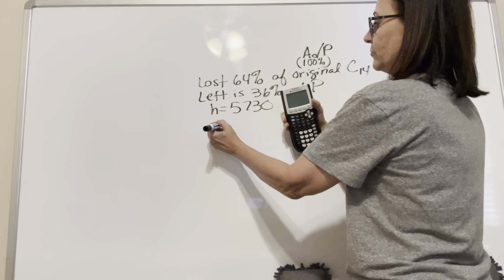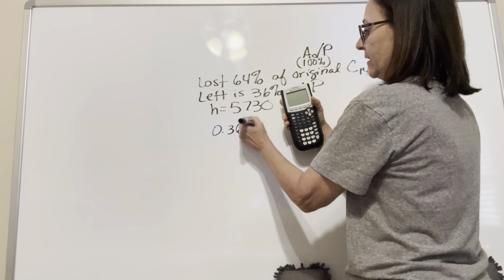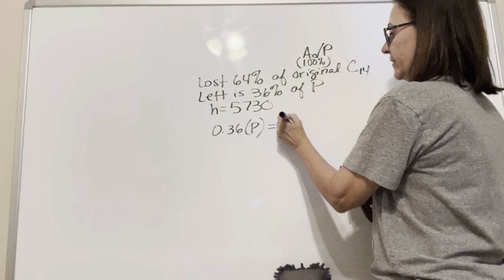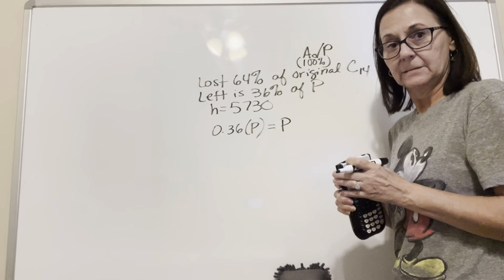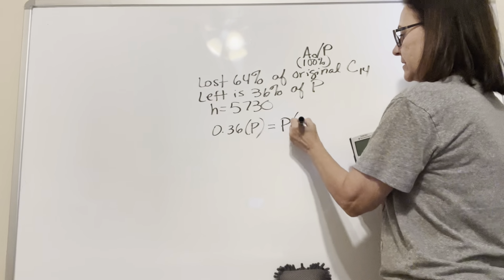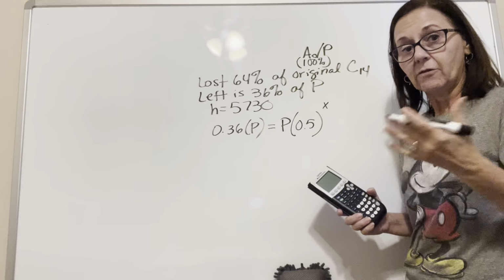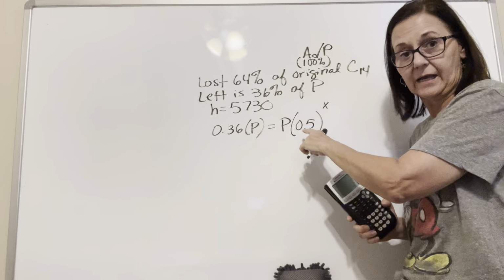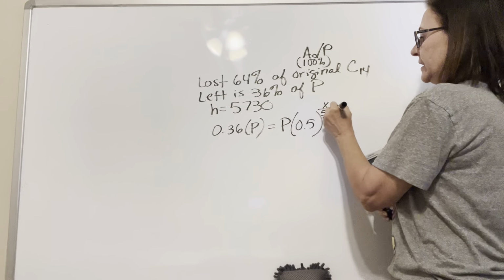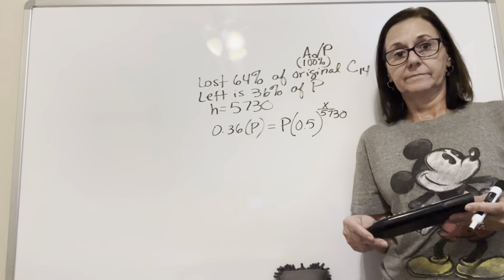The amount left, which is 0.36 of its original amount, equals the original amount times 0.5 raised to the x, we don't know how long it's been since it died, over its half-life, 5,730 years. All right, got it? Make sense?